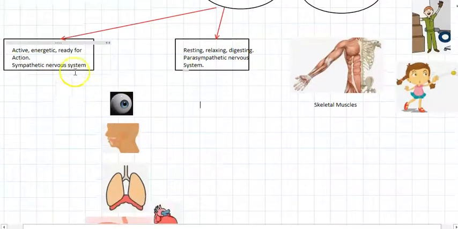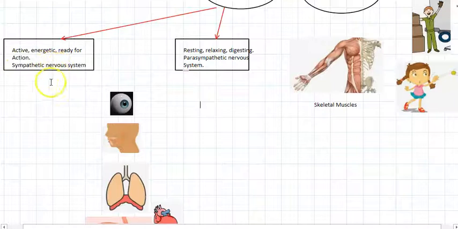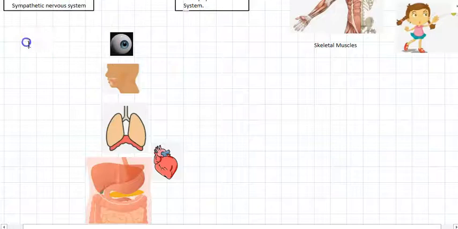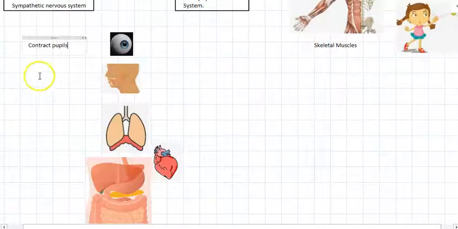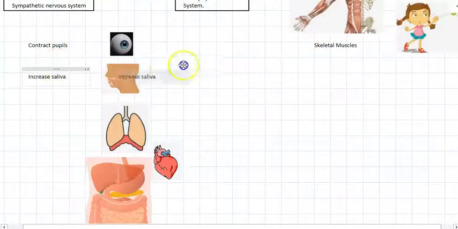Okay, so some of the examples, when nerves in the sympathetic nervous system send a message, well, they do things like they contract the pupils. They also decrease saliva production.